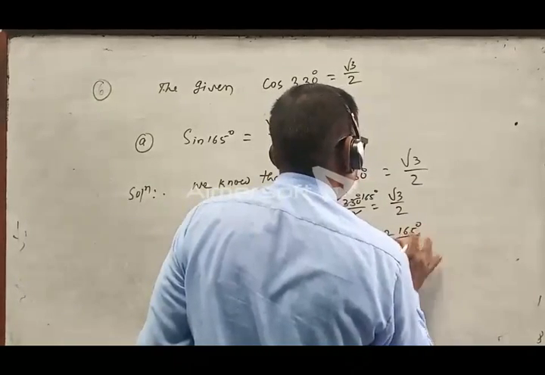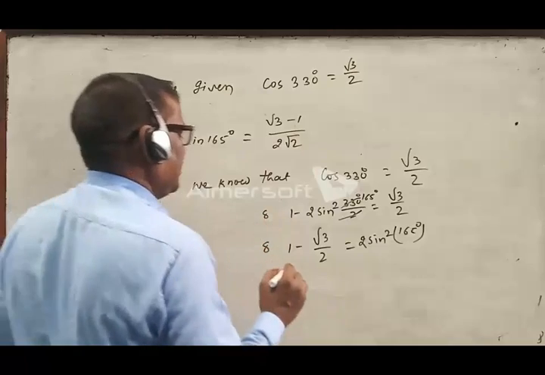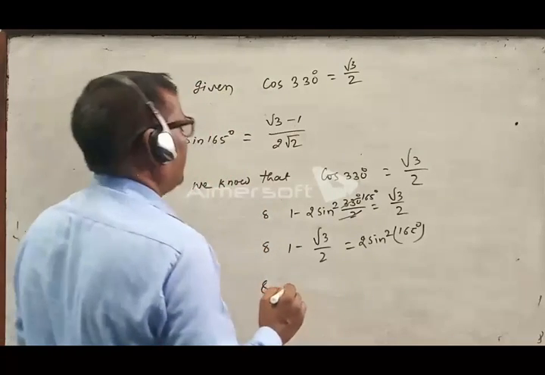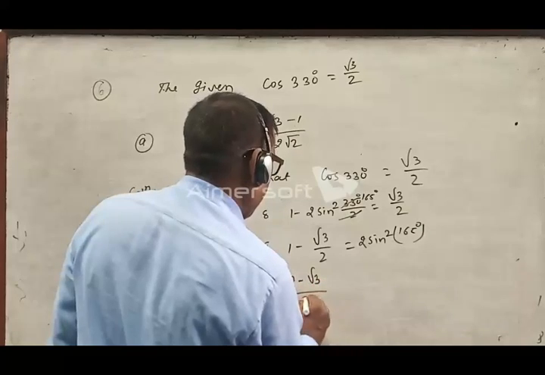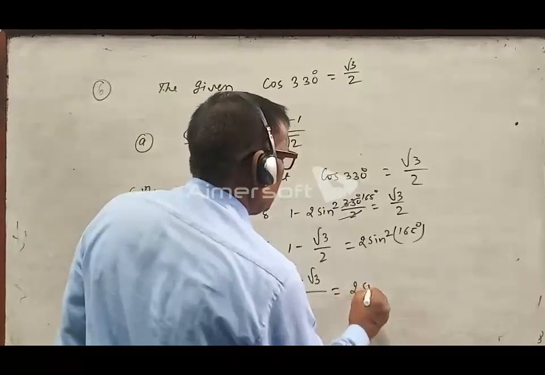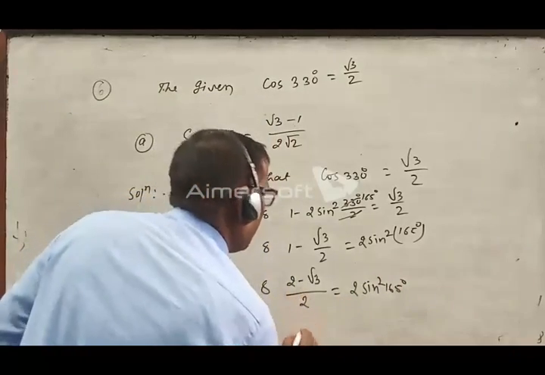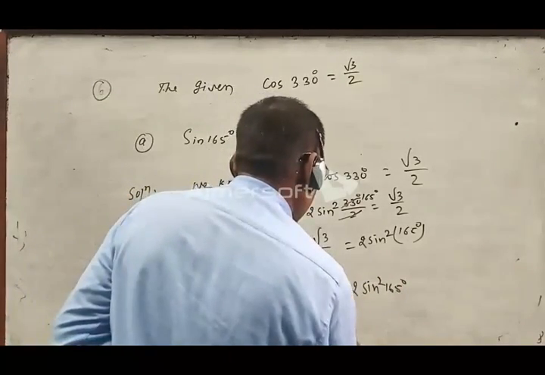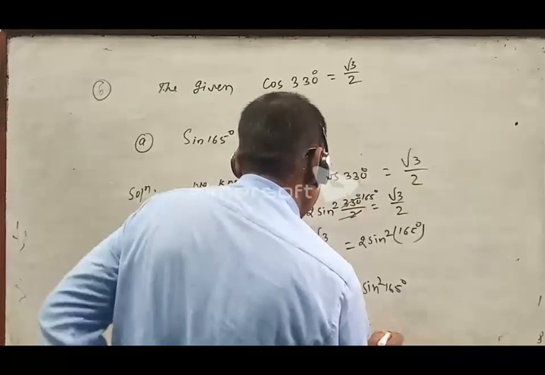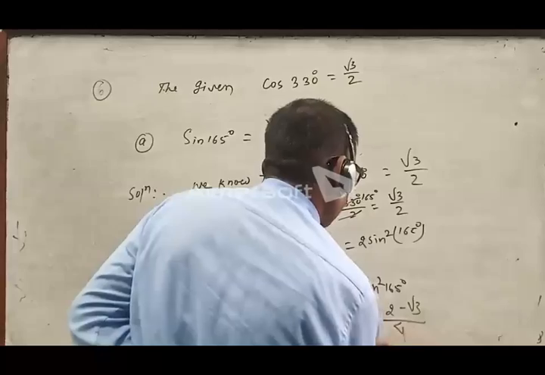165 degree. This means 2 minus root 3 by 2 is equal to 2 sin square 165 degree, or sin square 165 degree is equal to 2 minus root 3 by 4.